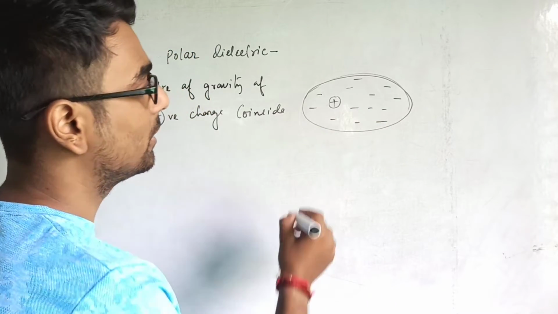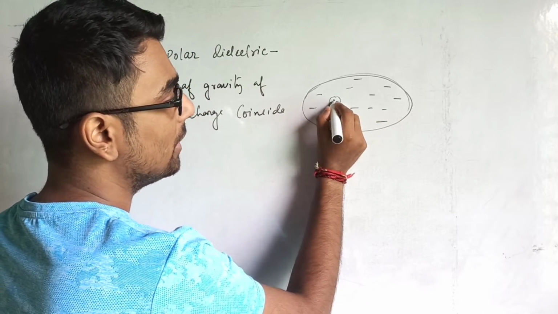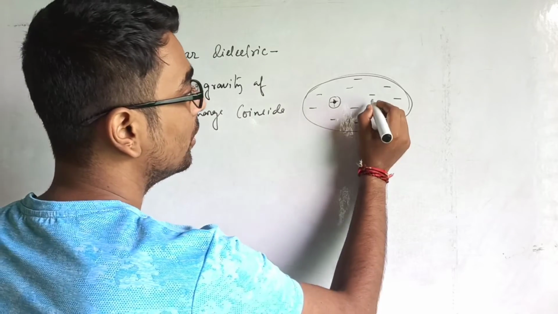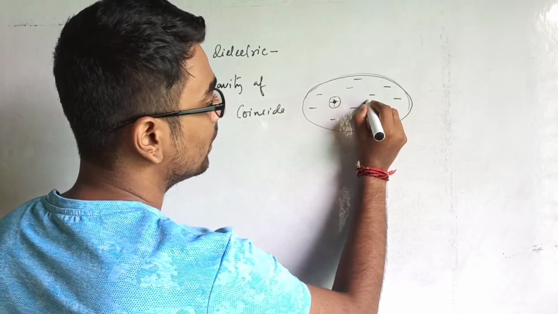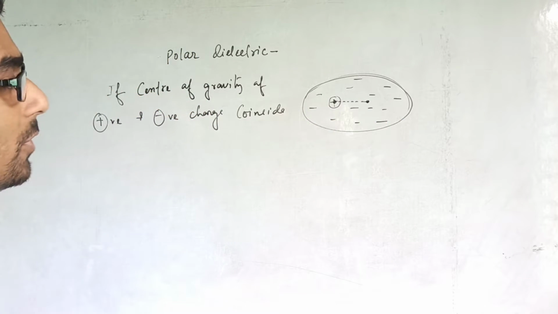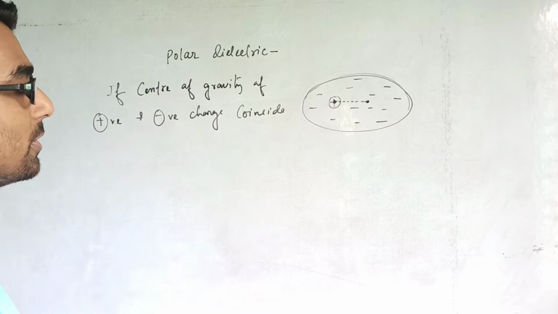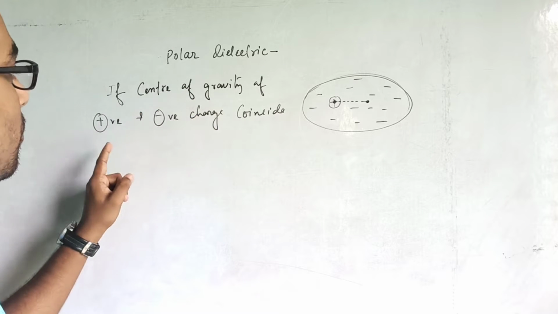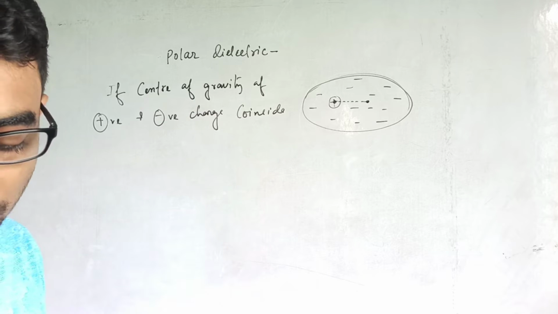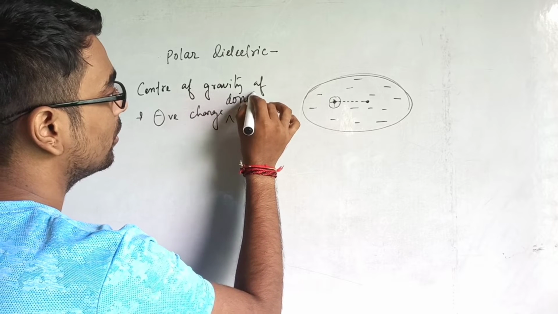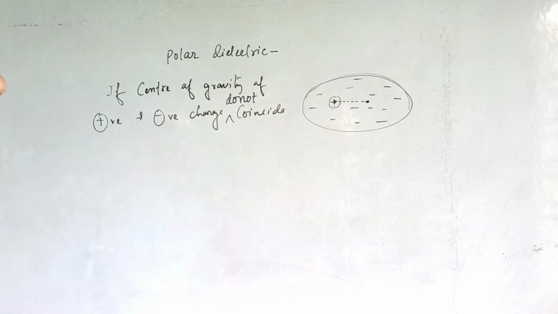So the center of gravity of positive charge will lie here, and the center of gravity of negative charge will lie somewhere here. So there is separation, you can see, between the centers of gravity of both the charges. It means that in the case of a polar dielectric, the centers of gravity of positive and negative charge do not coincide.